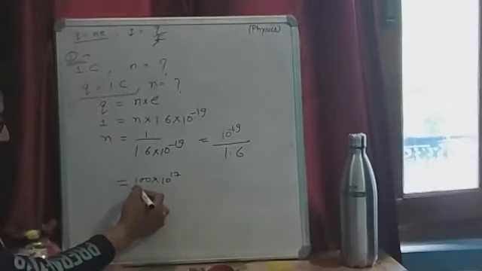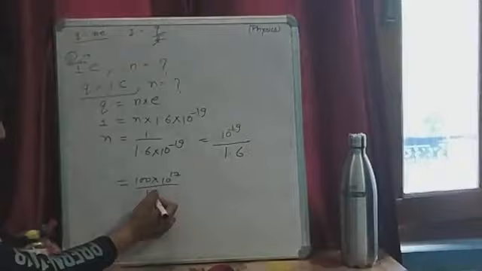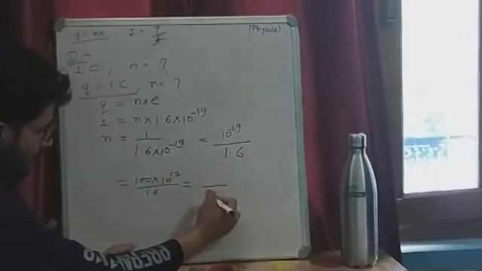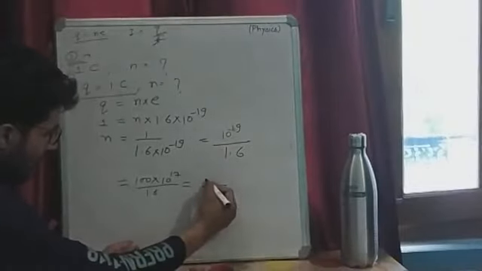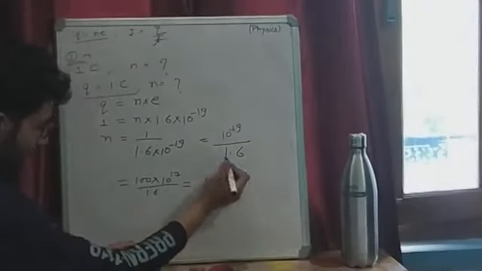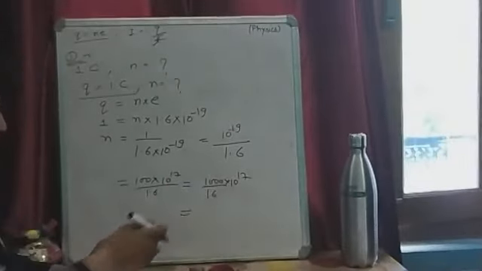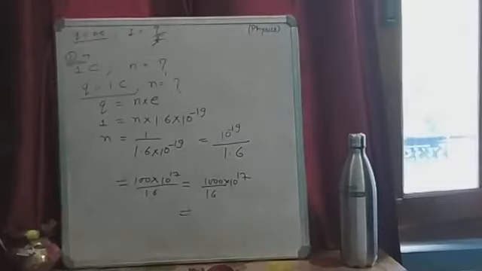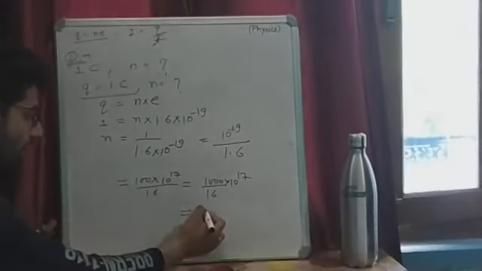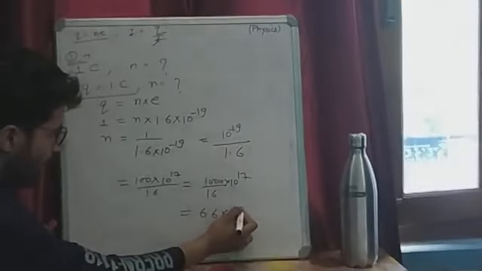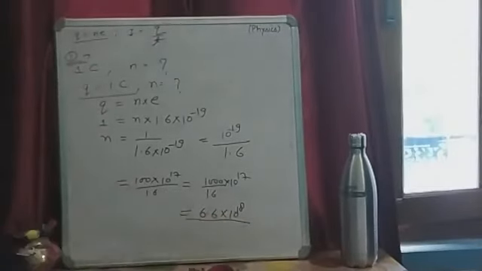I can do this also: this becomes 16 and this becomes 1000 times 10 to the power 17. Now I can divide 1000 upon 16, and it will come 6.25 times 10 to the power 18 number of electrons.